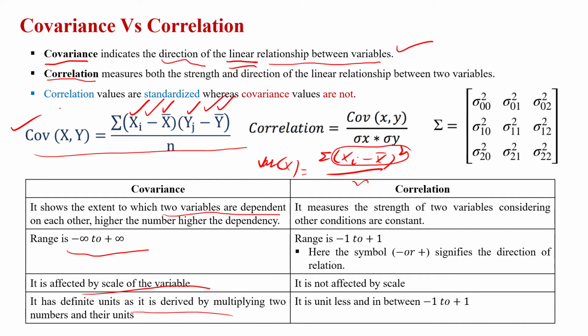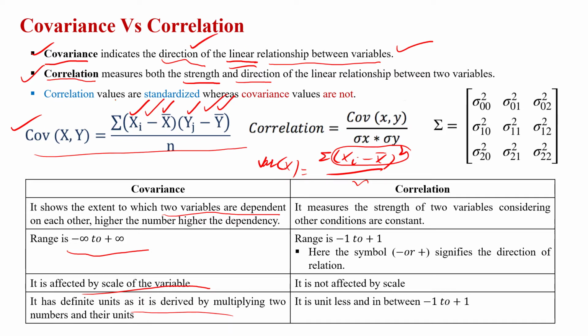Whereas if we want to check the relationship between the two variables, instead of the covariance we can calculate the correlation, which captures two components, direction as well as strength, whereas covariance only captures the direction.